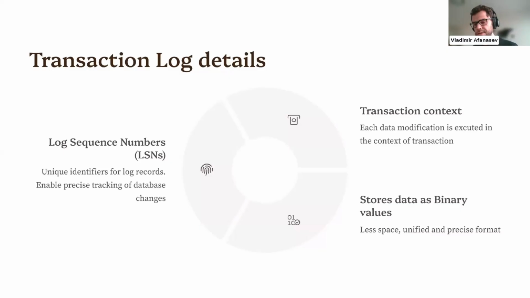Your transaction is committed automatically when you forgot to open it. What is also interesting about the transaction log in general is that it stores data mostly in binary values, the row log record. Well, it has its benefits. It takes less space, and it has a unified and precise format. We'll also talk a bit about this later, but let's keep it for now.